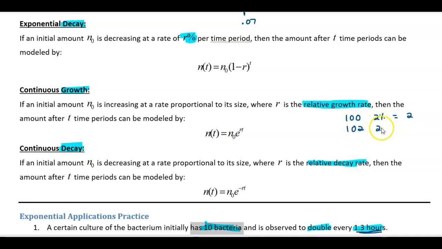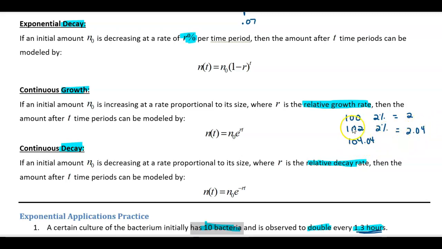Well, now your 2% is calculated off of the 102. So now you're going to have a growth of 2.04. You can see that this growth increased just a little bit, is a little bit more than the previous growth, because you're working off of this amount here. And so now your new amount would be 104.04, right?